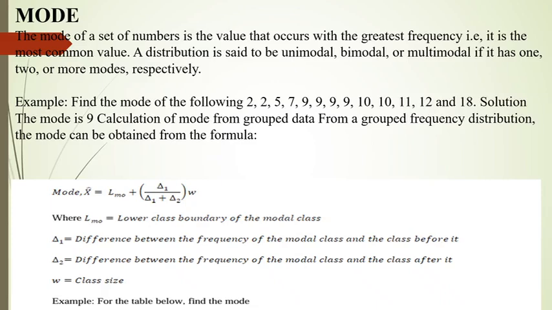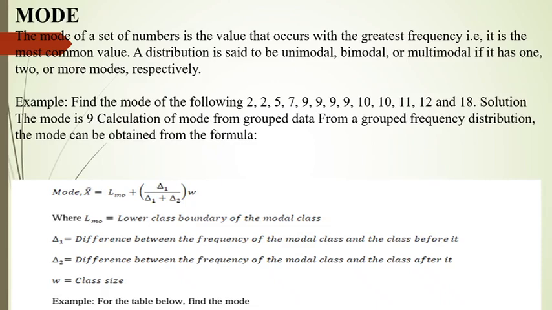Then when we put all this in our formula, it gives us 20, which is the lower class boundary of the median class, plus n over 2. Our n is 50, the sum of the frequencies, divided by 2, minus the cumulative frequency of the class before the median class, which is 13, all over the frequency of the median class, 12, times the class width, which is 10.